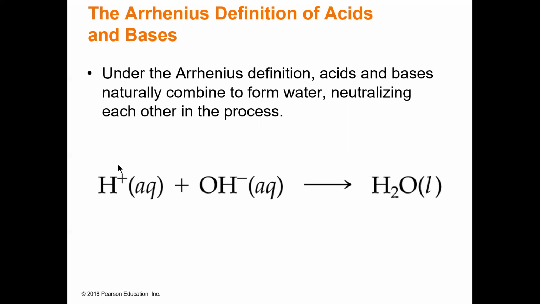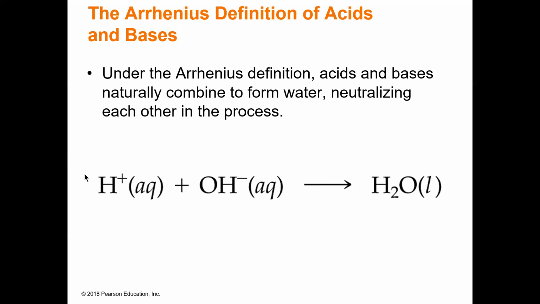We have an acidic thing, so we have an H plus, doesn't matter what delivers the H plus. We have a basic thing, an OH minus, again, doesn't matter what delivers that. Those two things will come together and neutralize to form water. So acid plus a base gives us neutral pH.